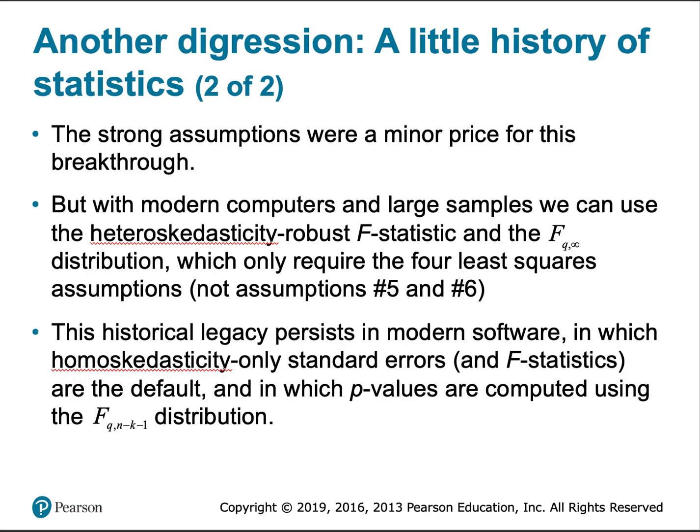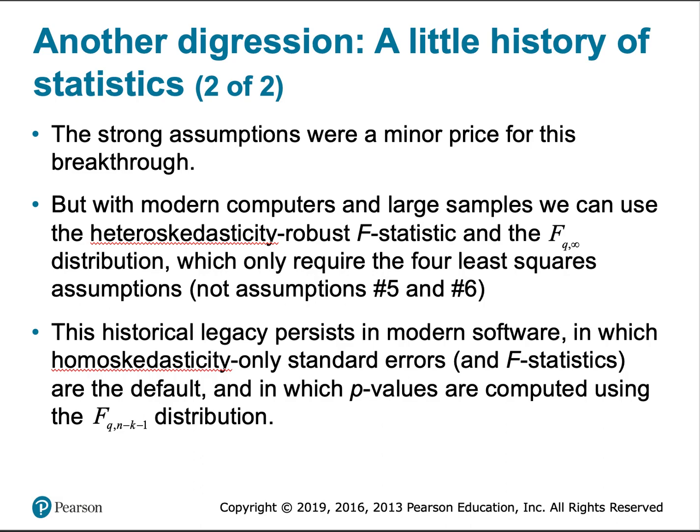The assumptions of, for instance, homoscedasticity. But with modern computers and large samples, we can use the heteroscedasticity-robust F-statistic and the F(q, infinity) distribution, which only requires the four least squares assumptions.